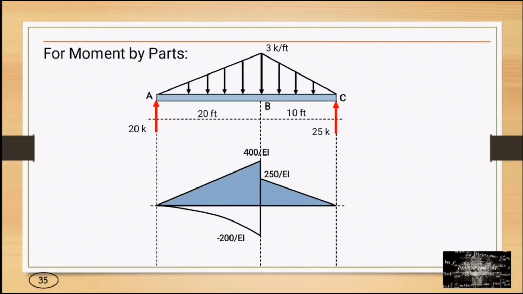For the triangular load on the left side, we have negative 200 over EI. Since the load is first degree, our moment is a third degree curve. For the triangular load on the right side, we have negative 50 over EI, also a third degree curve.